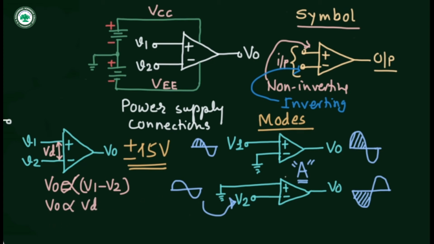And if I consider again some proportionality constant, we will be getting VO is equal to A into Vd.